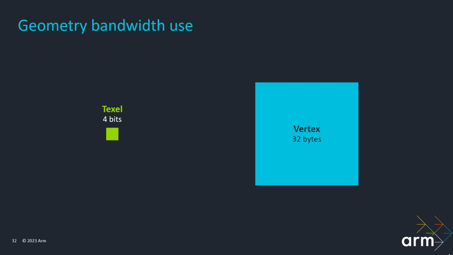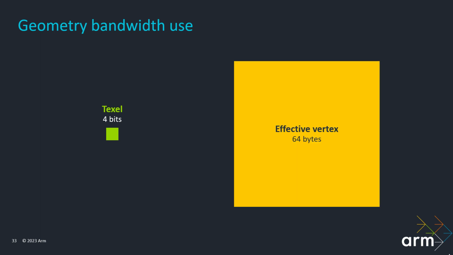And the reality is it's far worse than this when it comes to geometry. Your effective vertex size may be double what you think, and this is nothing to do with us being tile-based. This is purely because for every front-facing vertex that you keep, there is likely a back-facing vertex on the back of your model that was culled, but it still gets loaded, it still gets vertex shaded, because we need to know where it is on screen before we can cull it.